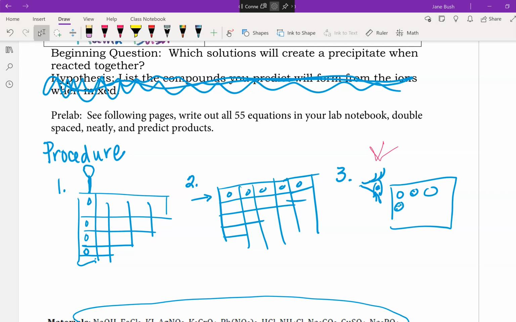Is it big enough? Holy. I did it. I think it's fine.